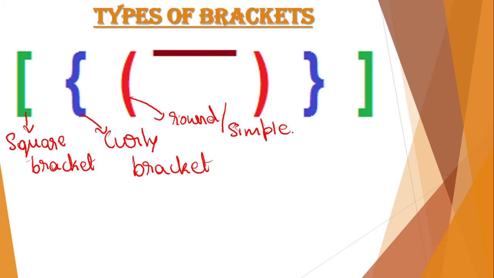We can say it as a round bracket or a simple bracket. And the last bracket is called a bar bracket. So these are the types of brackets.